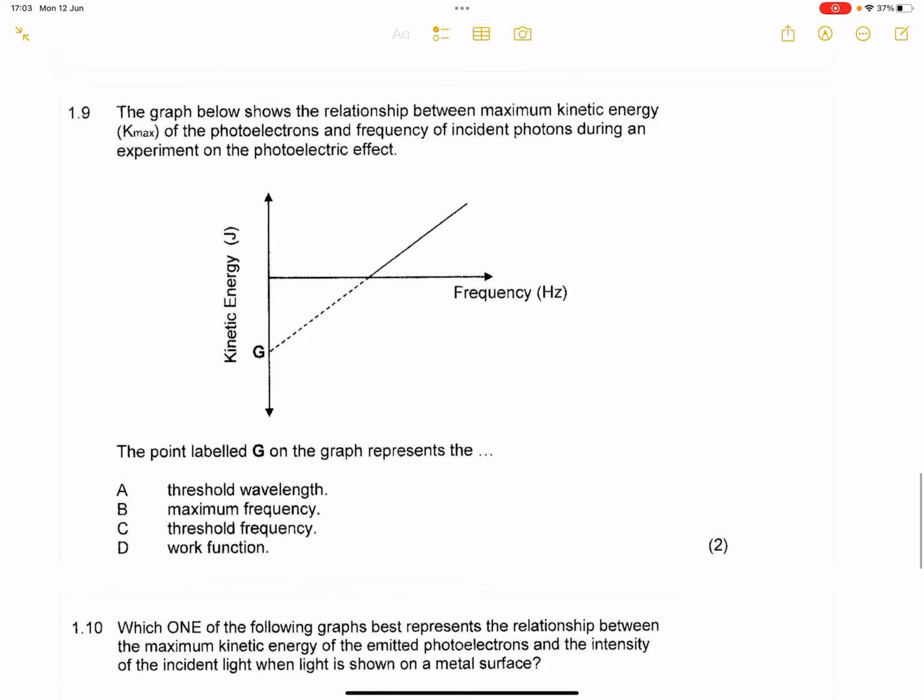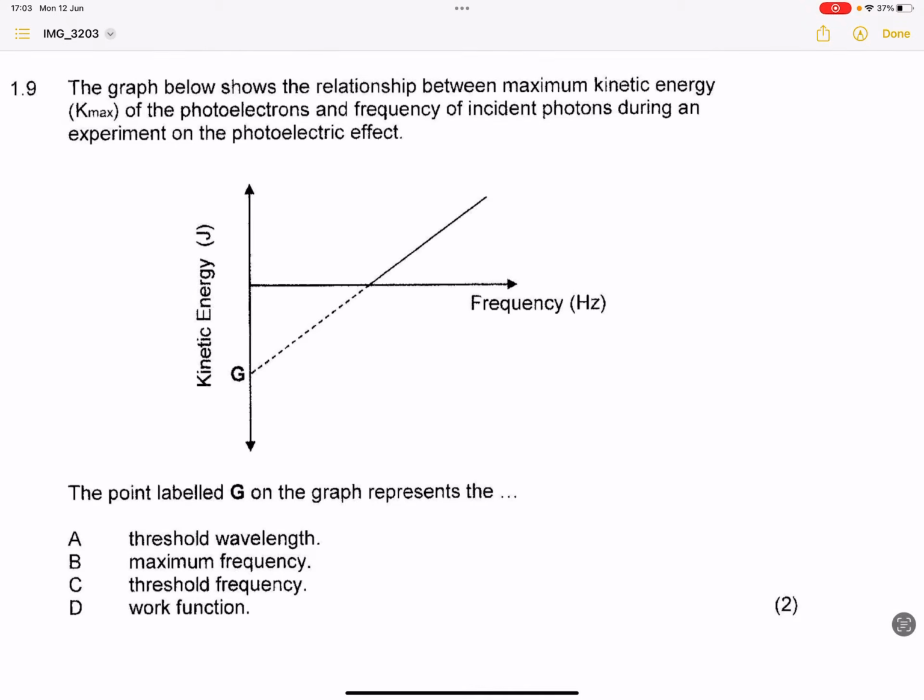As we go on to almost the last one, they say the graph below shows the relationship between maximum kinetic energy, Kmax, of the photoelectrons and the frequency of incident photons during an experiment on the photoelectric effect.